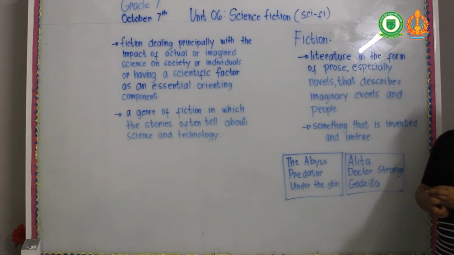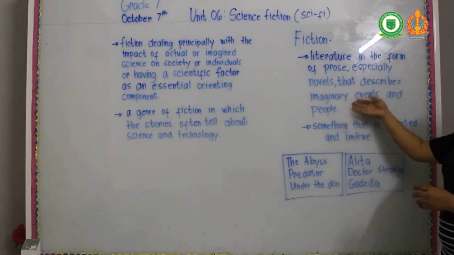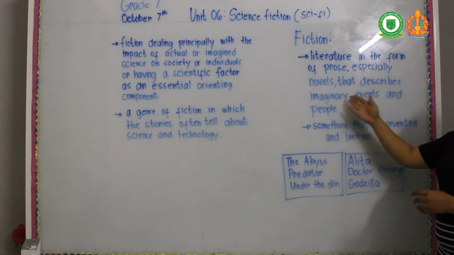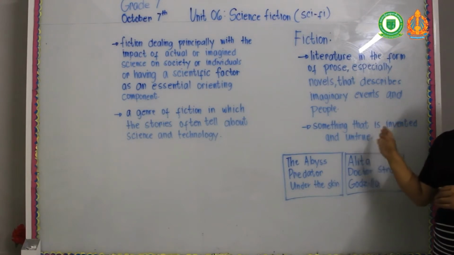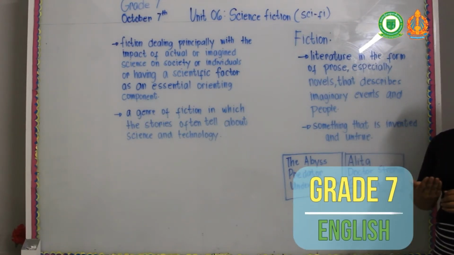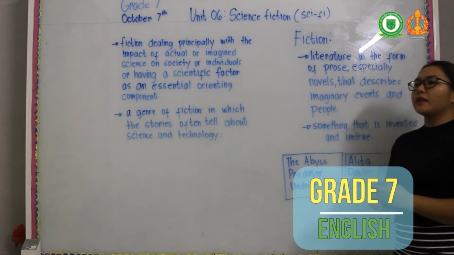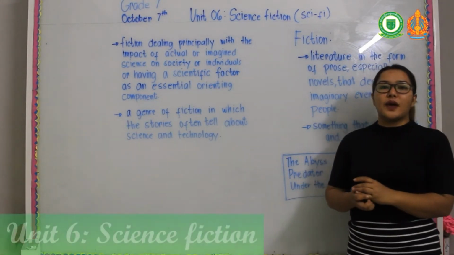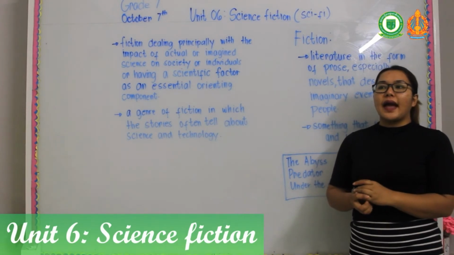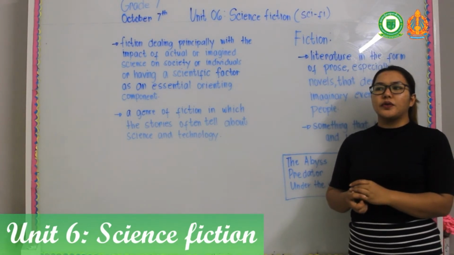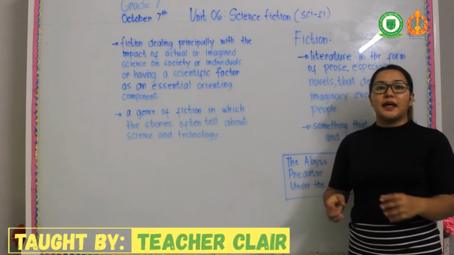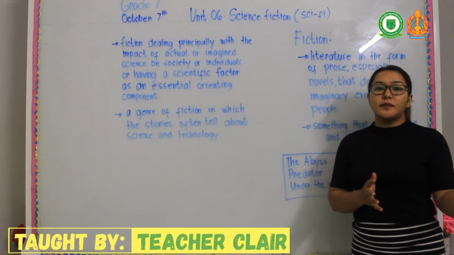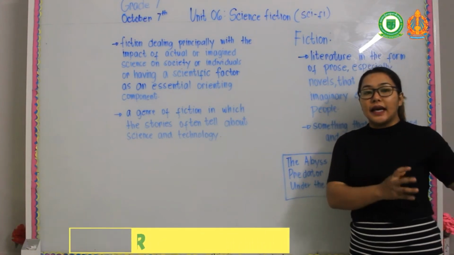Okay, but there are more kinds of fiction. So again, fiction describes imaginary events and people, something that is invented and untrue. Though it says here invented and untrue, people who write about sci-fi are just trying to perceive something that might happen because of the current situation maybe, or something that happened in the past.